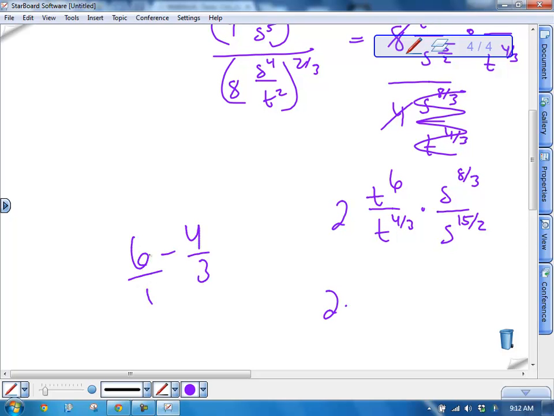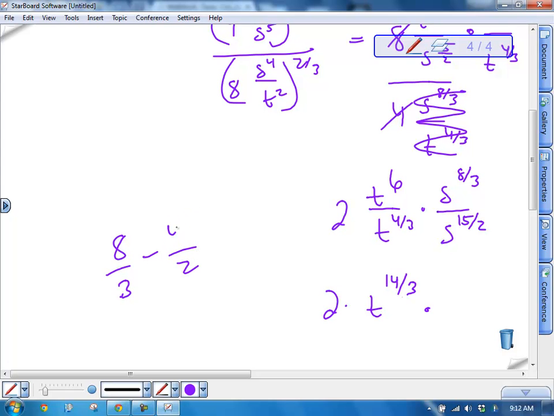I'm going to get a common denominator. So that'd be 18 over 3 if you multiply top and bottom by 3. So that'd be 14/3. And then 8/3 minus 15/2. Multiply top and bottom by 3 here.